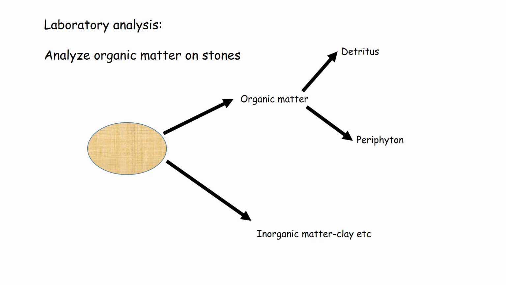But first, let's have a look at how we analyze the total organic matter on the stone. Now, the total organic matter will include all of the periphyton plus any dead material there. The other thing that will be on the stone will be inorganic matter, such as clay and fine stone or sand particles.